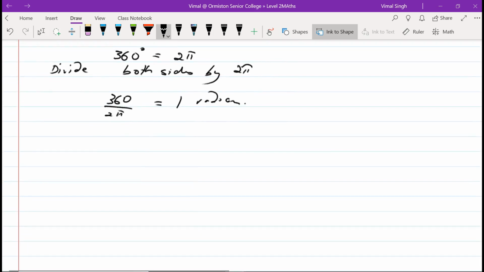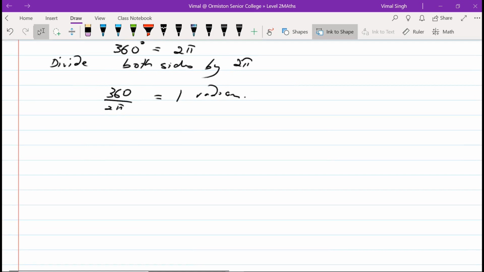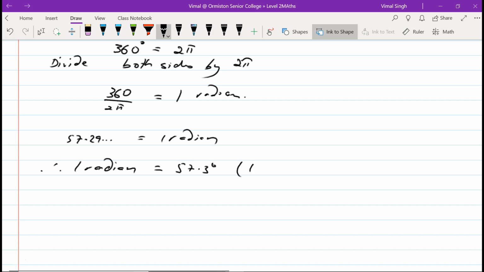So 1 radian over here will give me 57.29. So therefore we can say 1 radian is equal to 57.3 degrees, rounded to 1 decimal place.